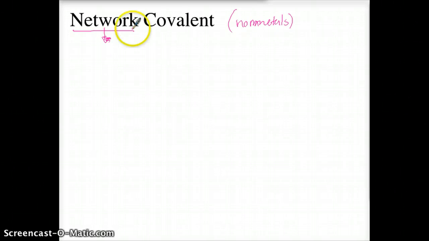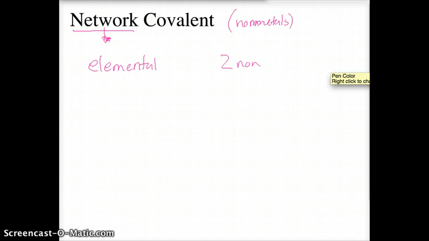In a network covalent compound, atoms are trying to be connected to as many atoms as possible. Okay? And there's 2 ways this usually happens. Sometimes it's with just what's called elemental network covalence, or when we have 2 different nonmetals bonded together. And we'll talk about those examples in a second.